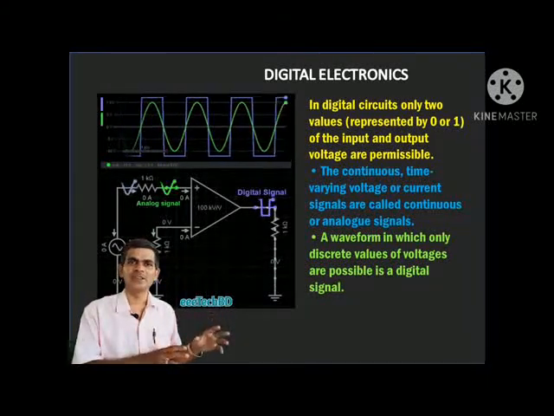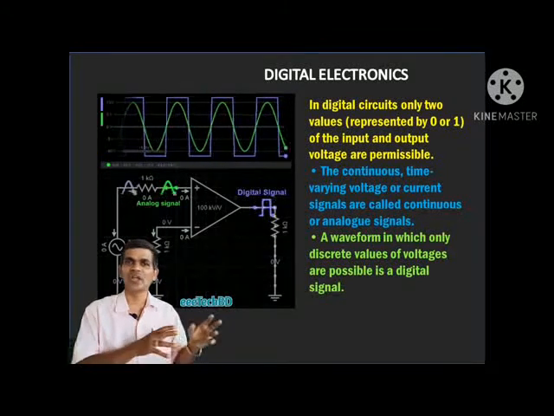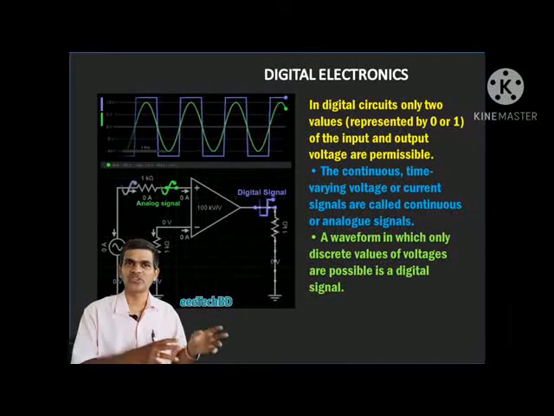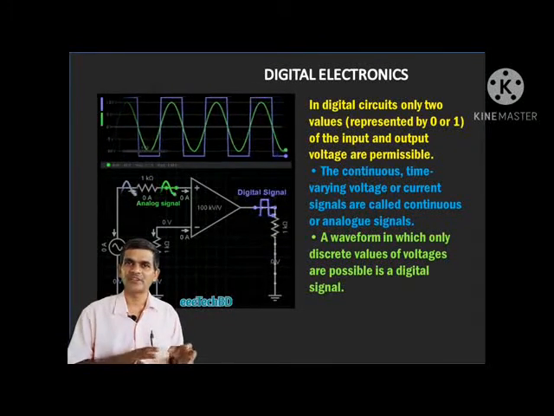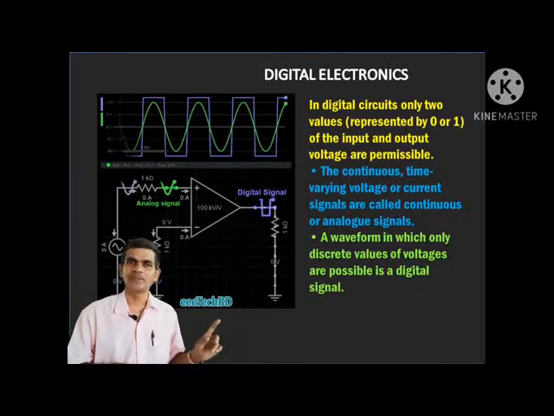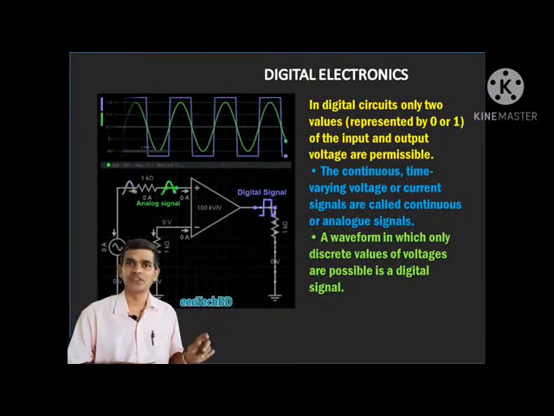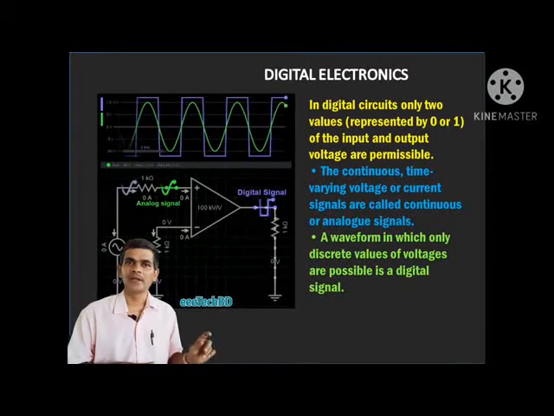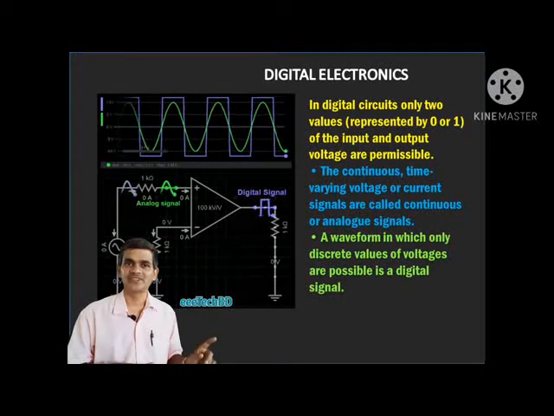But analog signals, which we have discussed so far, are continuous time-varying voltages, where all voltage values are possible. But you can observe in the picture waveforms which have only two discrete voltages, either low or high, and this is called a digital signal.